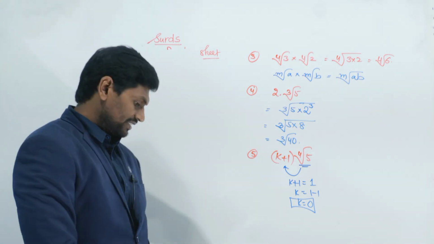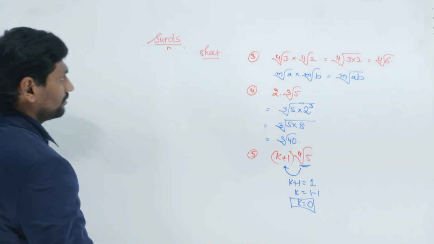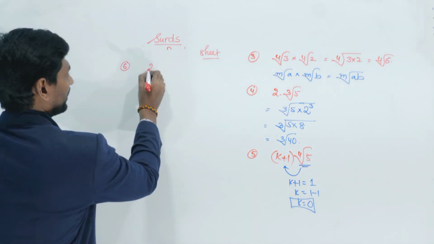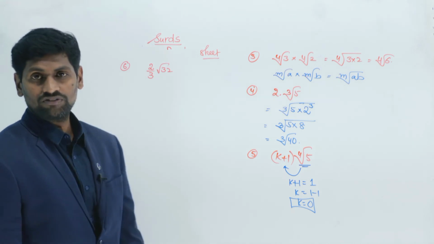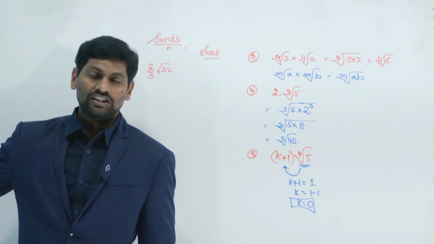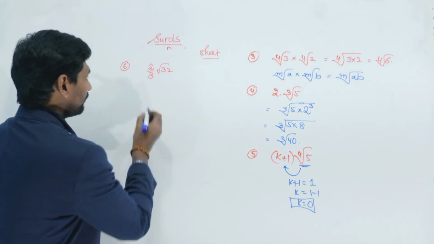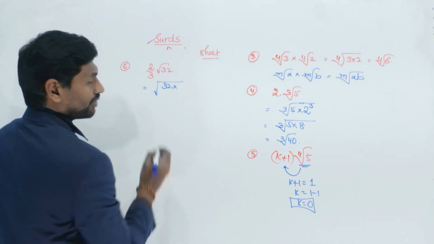Next, question number 6. The question is to give the pure surd form of 2 by 3 into root 32. Pure surd form. Okay? That means 2 by 3 should become 1. For that, we have to take 2 by 3 inside the square root.